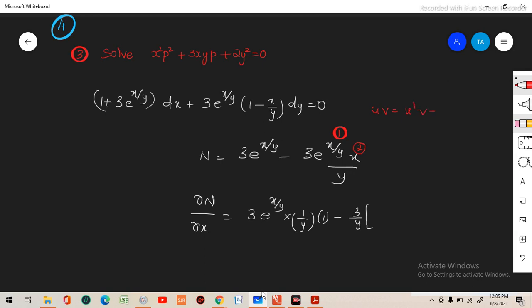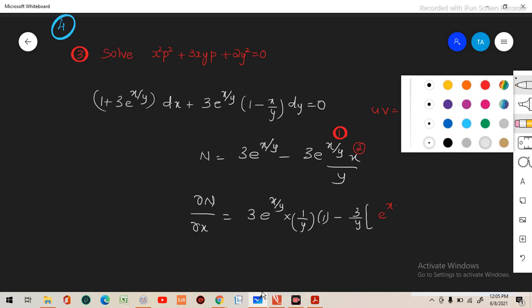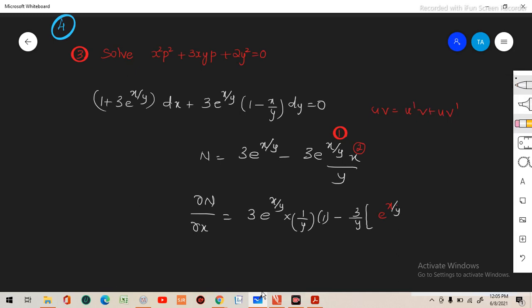What is the product rule? First function into differentiation of second plus second function into differentiation of first function. So e power x by y, the first function, as it is. Second function differentiation is 1. Second function kept as it is, first function differentiation is e power x by y, again with respect to x only. So 1 by y is constant, 1 is the differentiation of x. Is it fine?